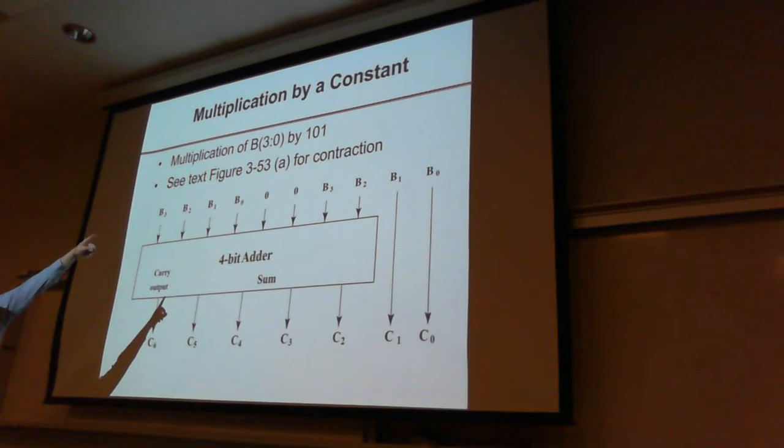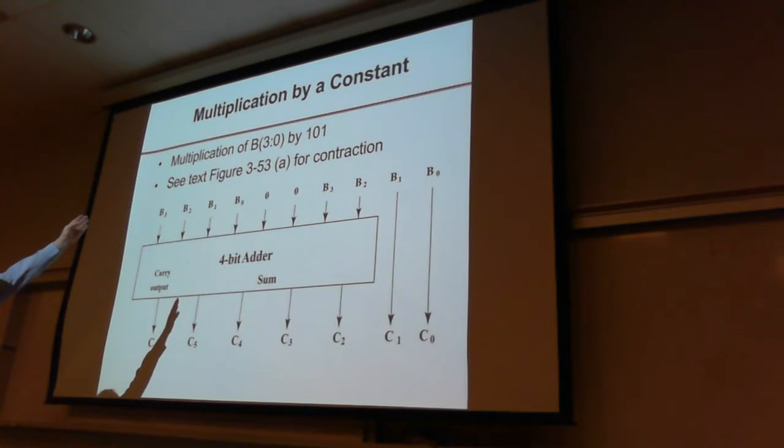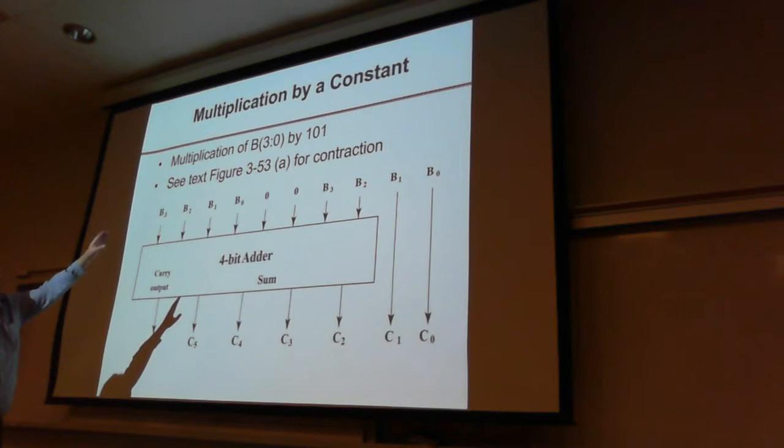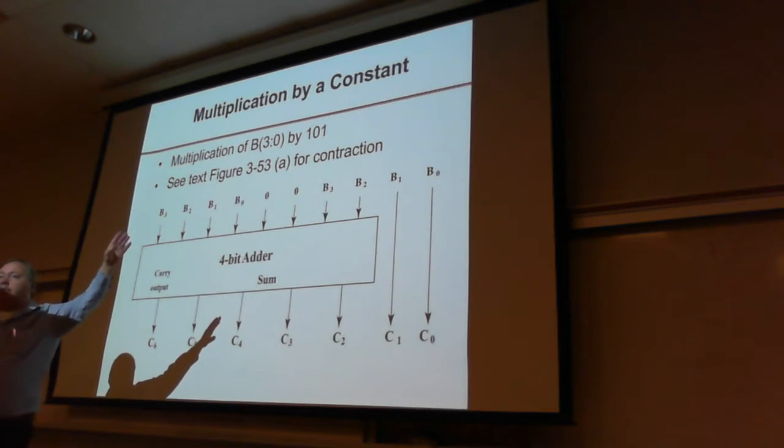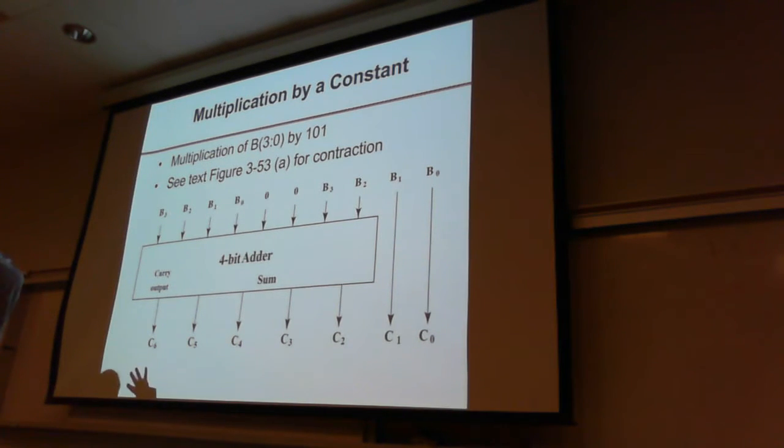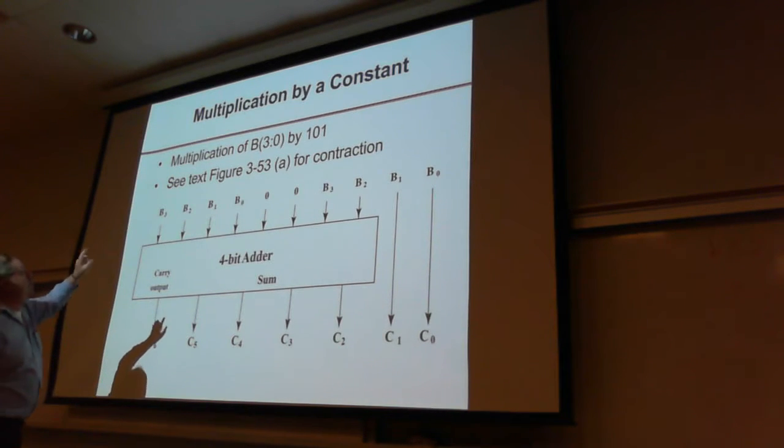B 3:0. What does that tell you? Yes? Is it bits 3 through 0? Yeah, it's bits 3 through 0. It's a bus or a subbus, right? So we have some bus with some number of bits on there. We're worried about bits 3 through 0. Okay, we're going to call that B. So that tells us there's how many bits? 4, right? 3, 2, 1, 0.